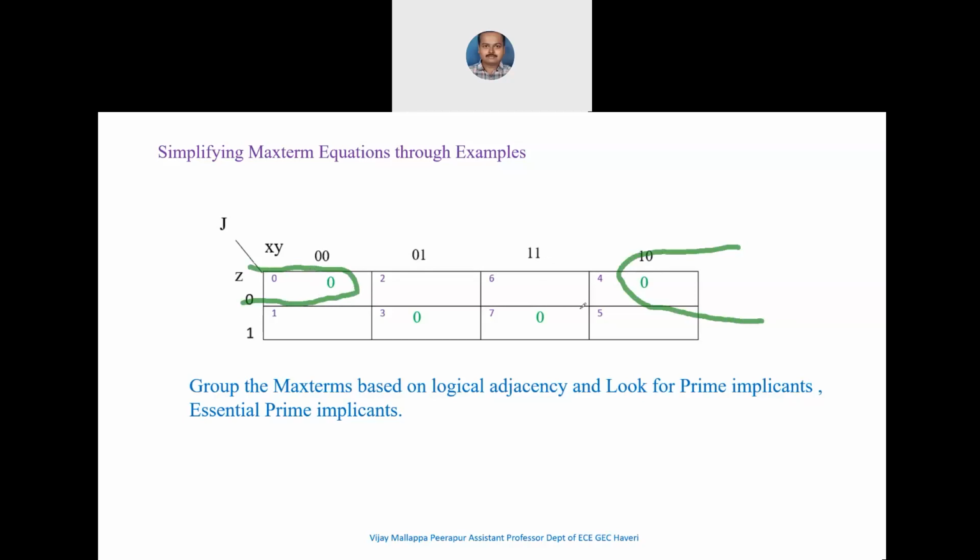Again, these two are adjacent to each other, correct? The loading of the 0 terms and the grouping of the zero terms is still the same as min terms, correct? In min terms, we used to group the one terms. Here, we group the max terms, right?